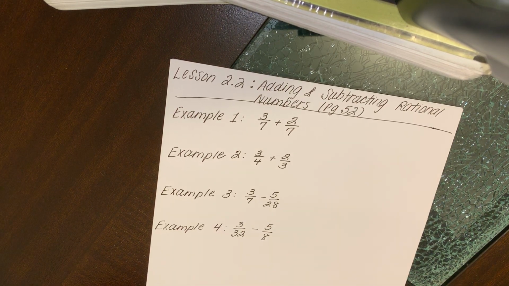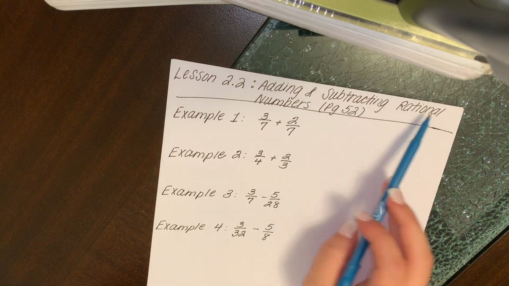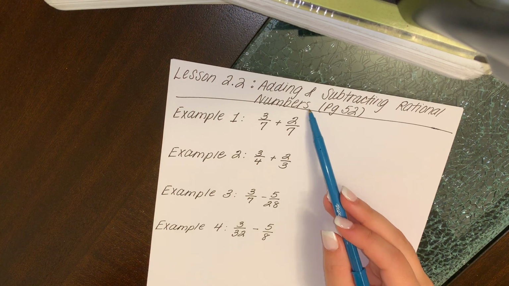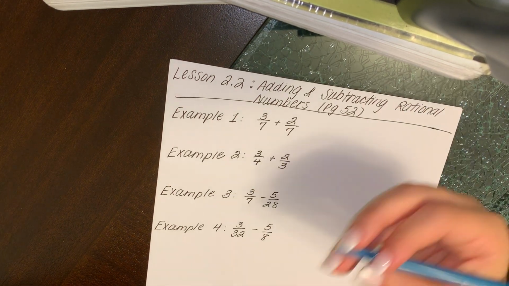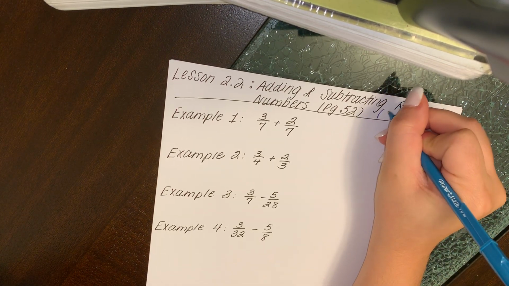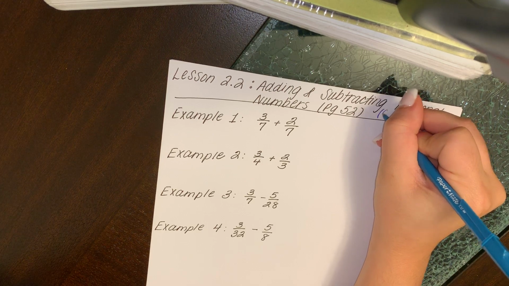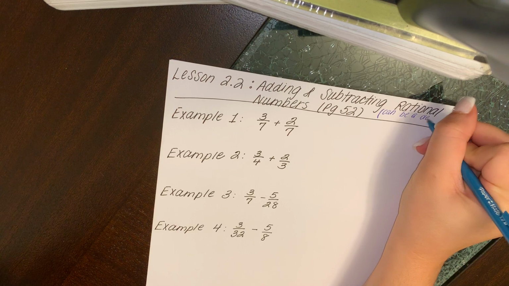Okay, so now for Lesson 2.2, we're going to be talking about adding and subtracting rational numbers. Now let's go back for a second. You might not remember what rational means, but if you just watch the most recent video, rational is just a fancy way of saying anything that can be a decimal. Okay.